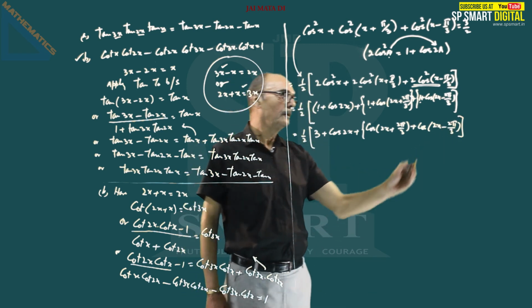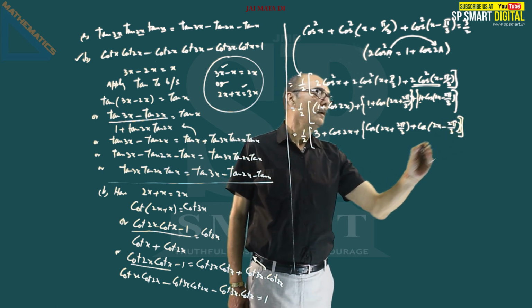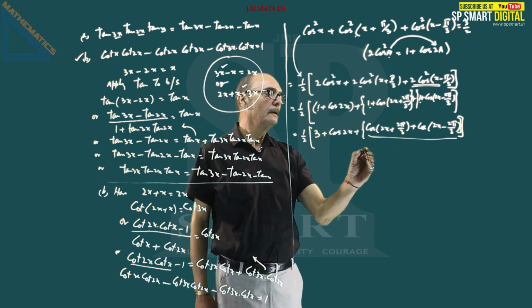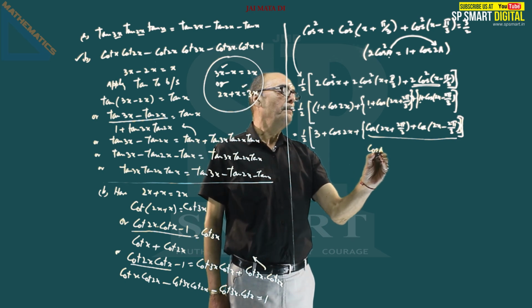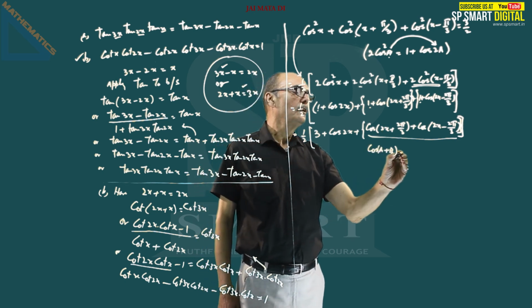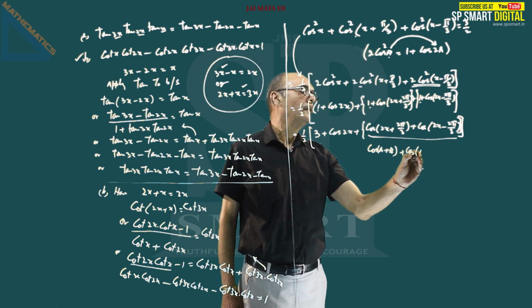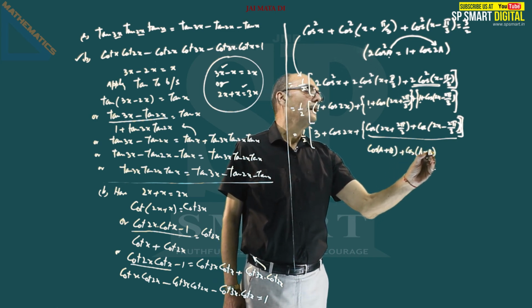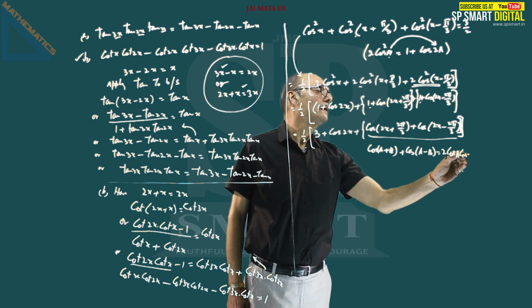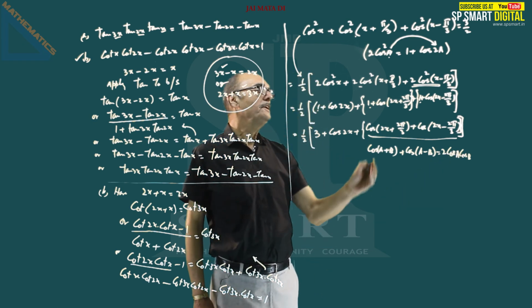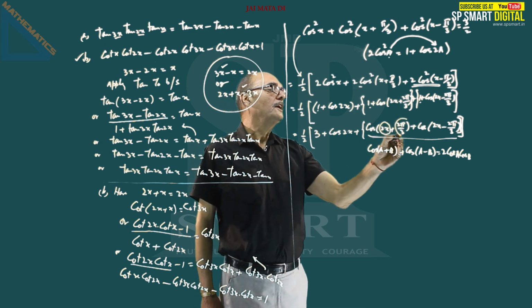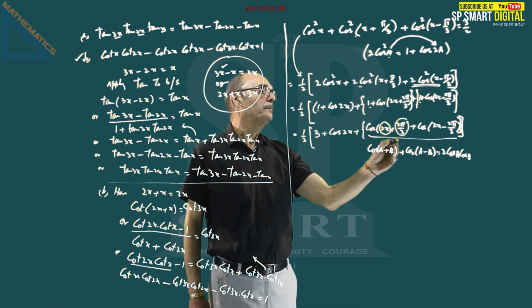At this stage we shall make use of the formula cos of a plus b plus cos of a minus b as 2 cos a cos b. Treating this 2x as a, 2 pi by 3 as b, we have cos a plus b.